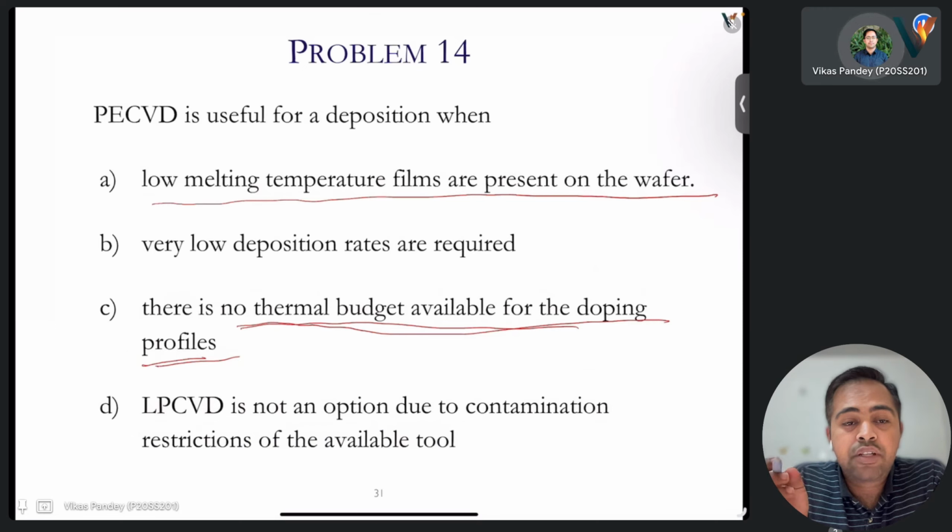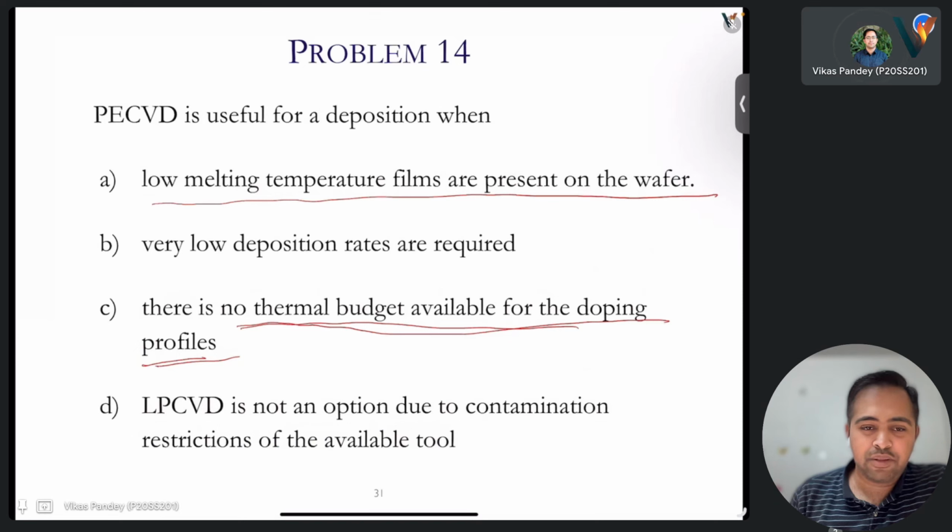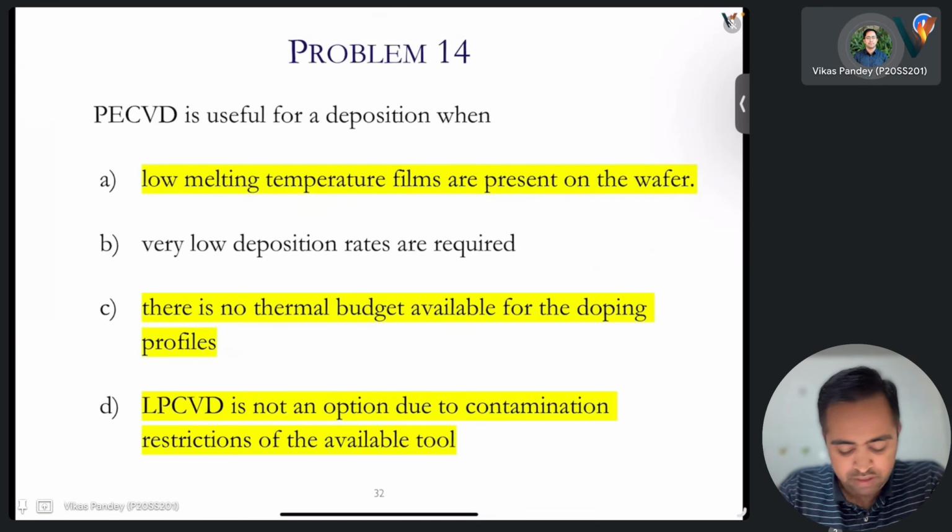And LPCVD is not available due to contamination restrictions of the available tool. So this is also an option, since in case of LPCVD there can be more contamination compared to PECVD.